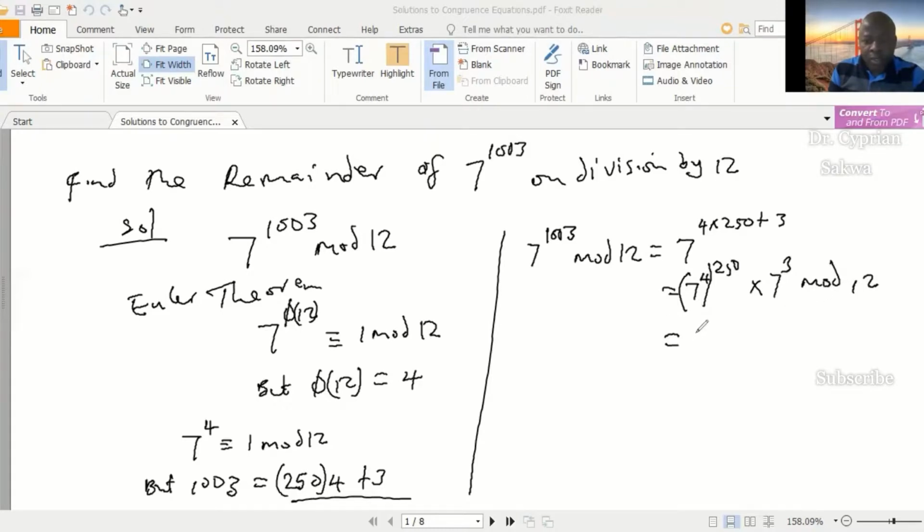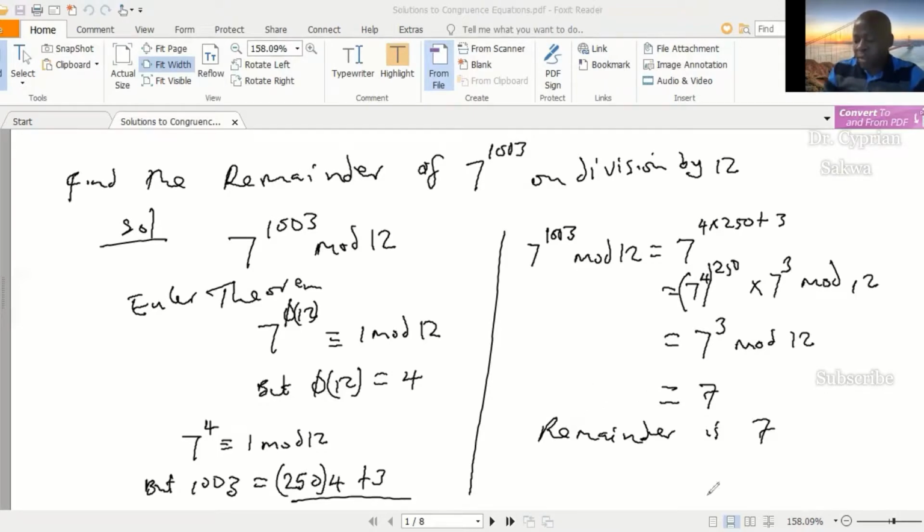So, of course, this is just 7 raised to 3 mod 12. So take 7 raised to 3, divide the result by 12, and get the remainder, which is 7. So the remainder for this is 7. You can just do 7 raised to 3 and then divide it by 12 and find what the remainder is.